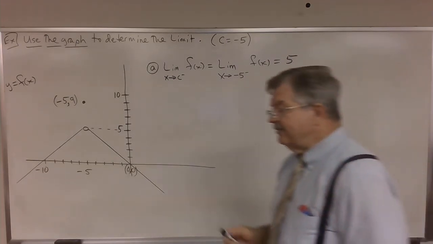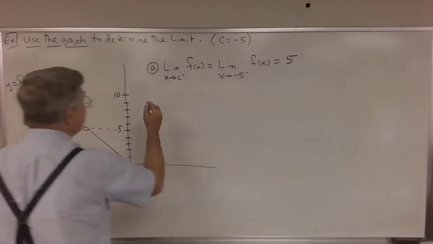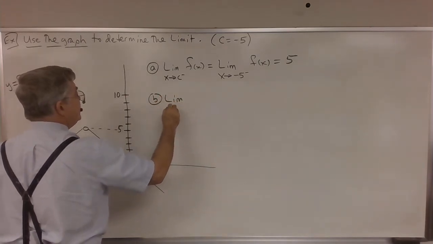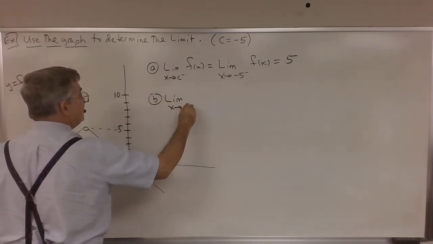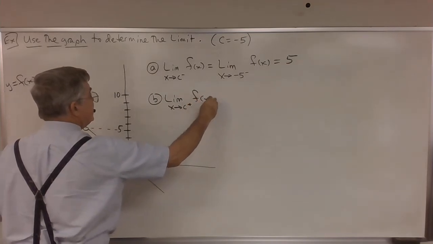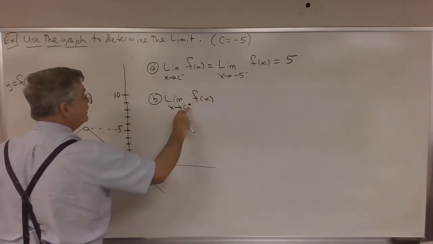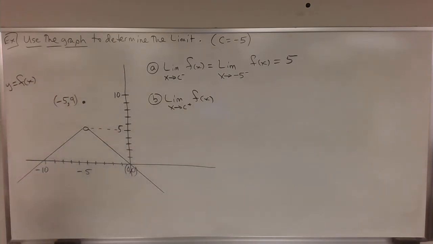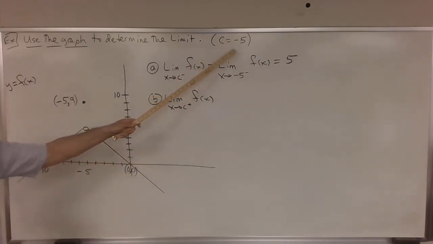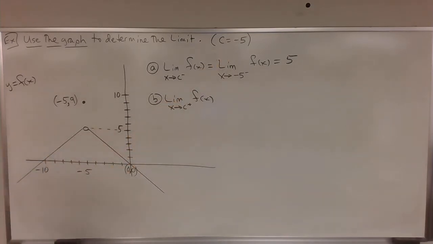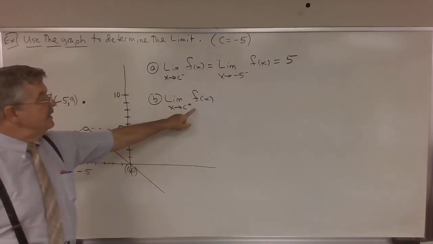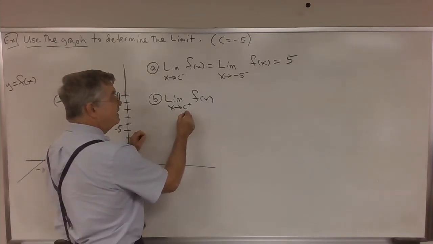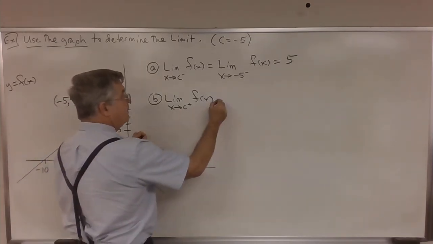Now they also ask this. One-sided limit as x approaches c from the right of f of x. Well, again, they tell us that c is equal to -5. So what we really want here is the limit as x approaches -5 from the right.